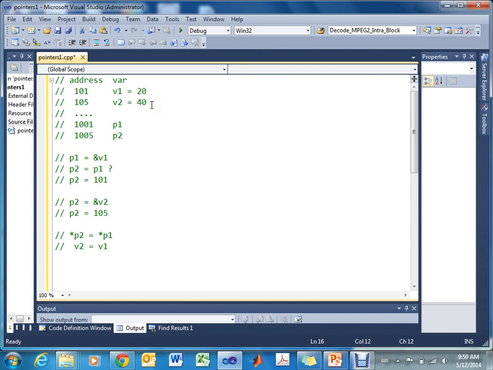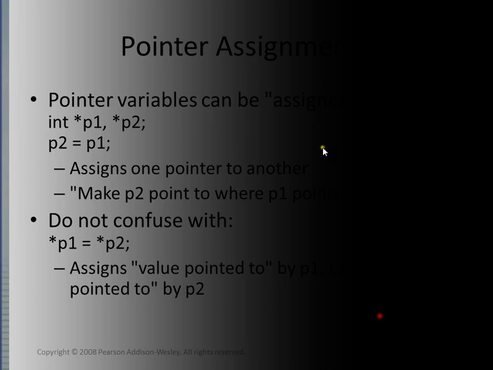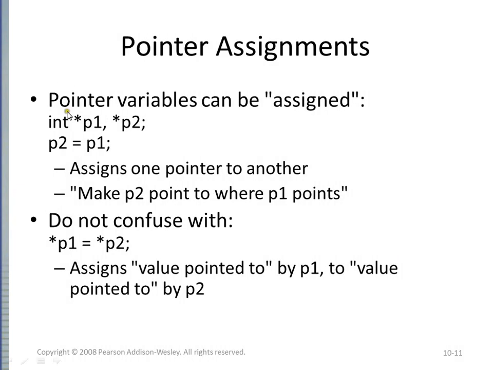So now both of them are equal to 20. So we can assign pointers, and we can also assign the values, the value pointed to by P1 to the value pointed to by P2, which is V1 and V2.